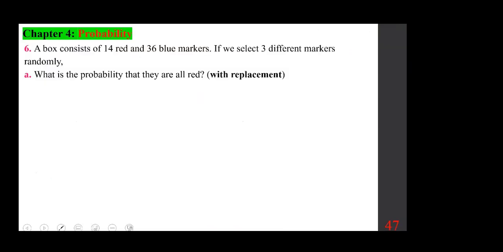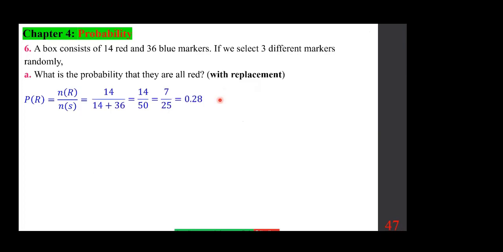A box consists of 14 red and 36 blue markers. We select 3 different markers. What is the probability that they are all red under the condition with replacement? Well, it's just a simple probability of n of R over n of S. For each case, as far as the red is concerned, we have 14 over a total of 14 plus 36.